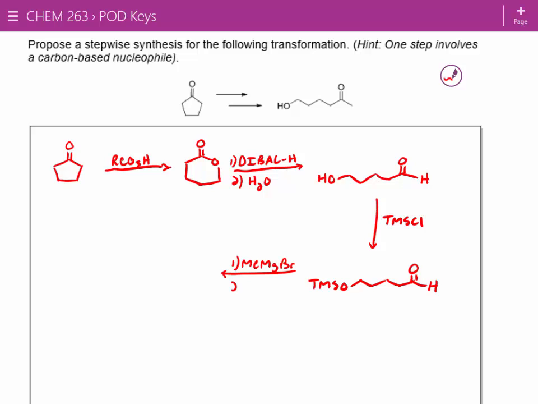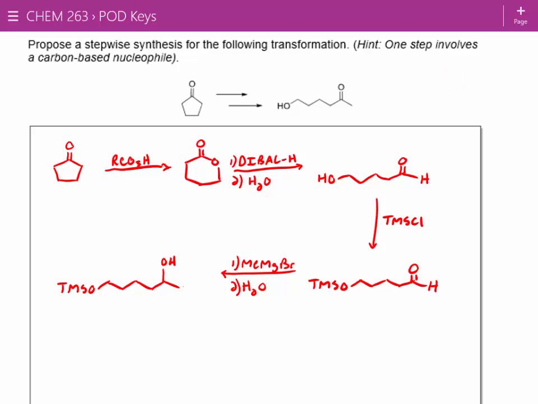So I'm going to react this with methyl magnesium bromide and water. And so we've protected our alcohol. It's not going to deprotonate. And we end up with a secondary alcohol.